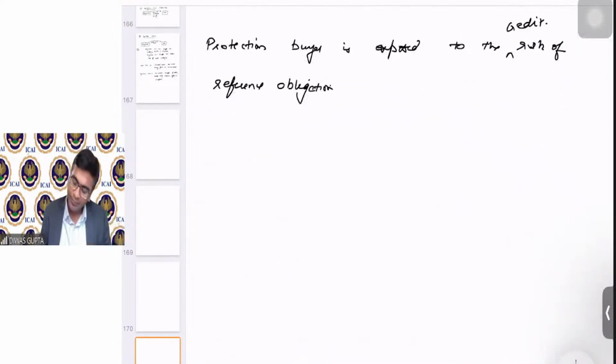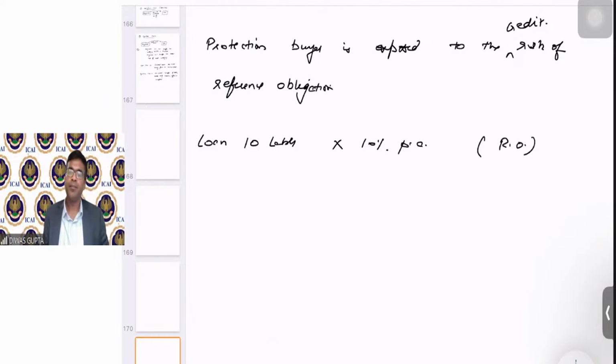For example, let's say there is a loan of 10 lakhs at the rate of 10% per annum. This is the reference obligation. Now the person who has given such a loan would say that, okay, since I'm giving a loan to a double B rated person, let's say this loan is given to an entity called A Limited. That A Limited is double B rated.